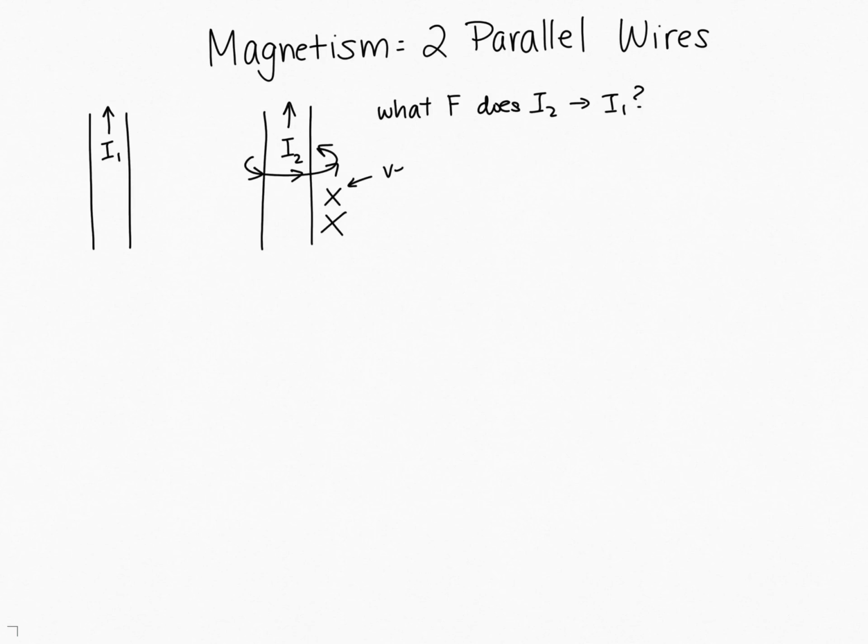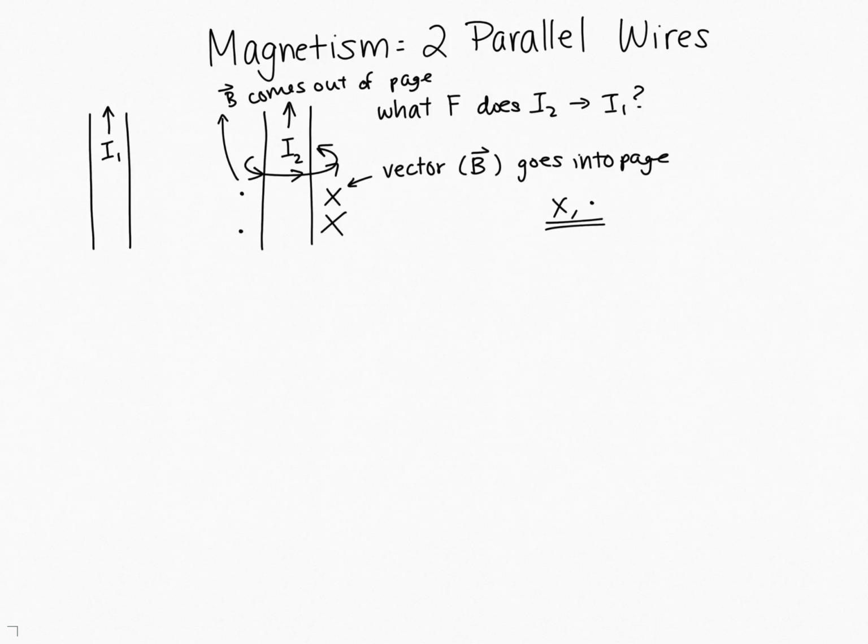The x means that the vector, in this case the magnetic field vector, goes into the page, and on the left side we find that it goes out from the page. So here the magnetic field comes out of the page.